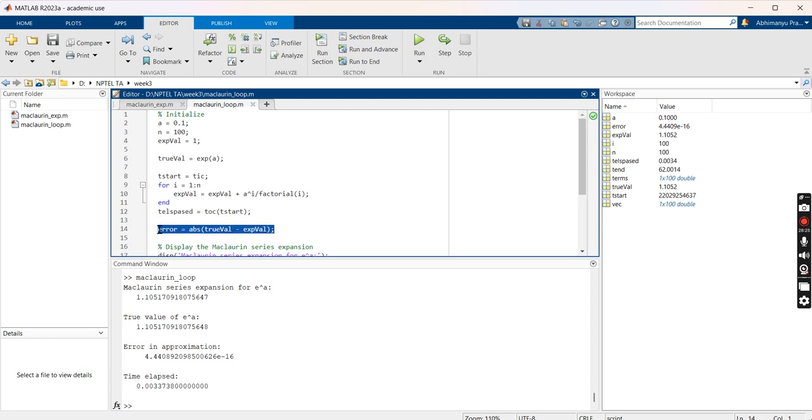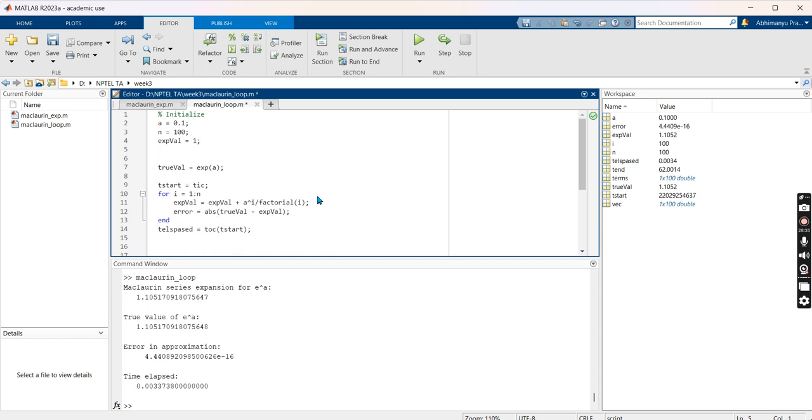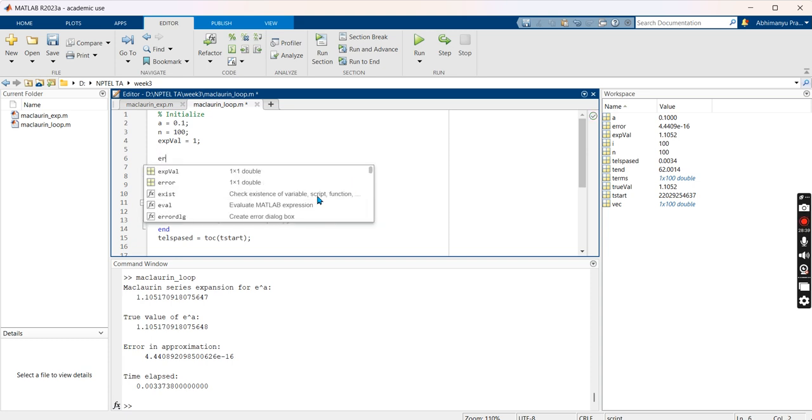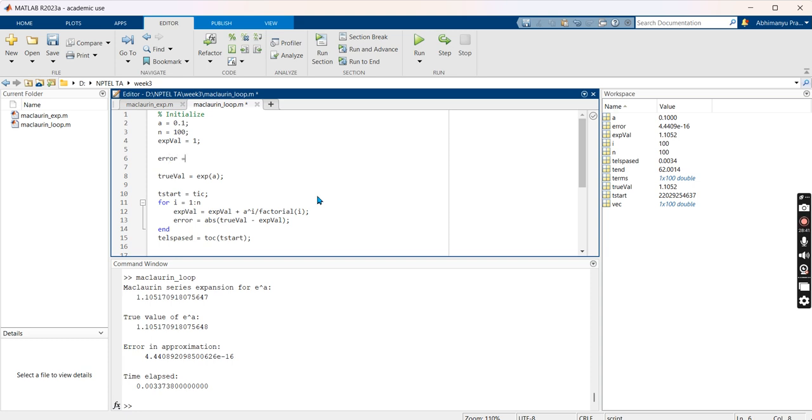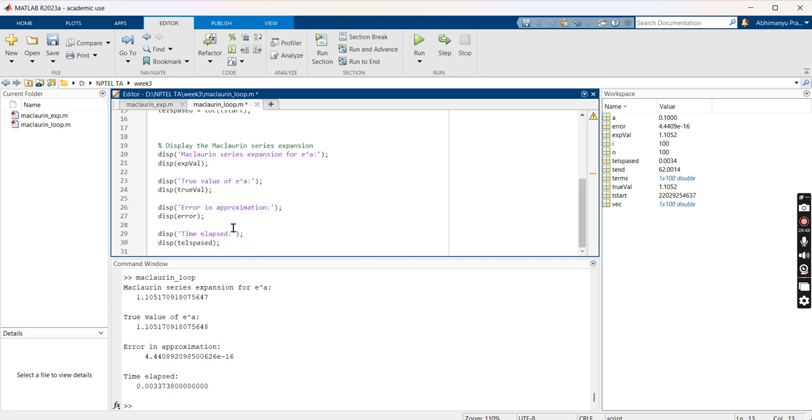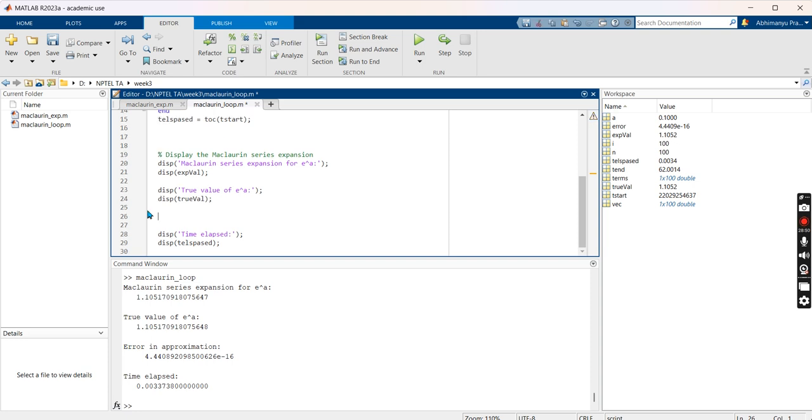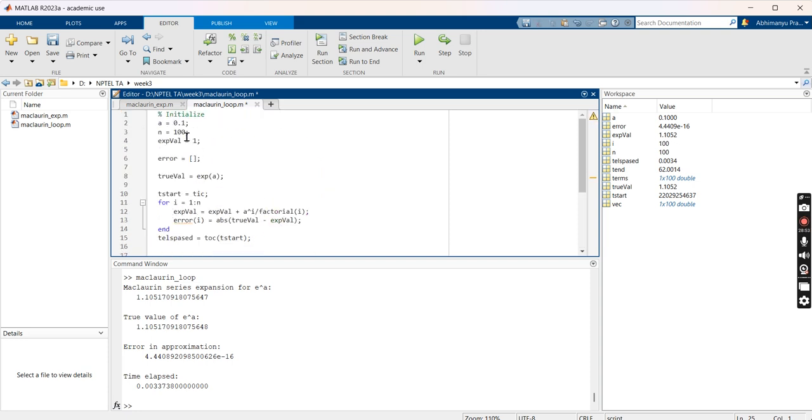So I can just take this thing inside the for loop and I can get my error for every value of n, right? And I will just remove this part. First let us run for 3 number of terms.